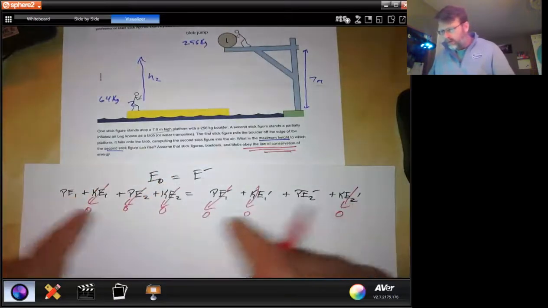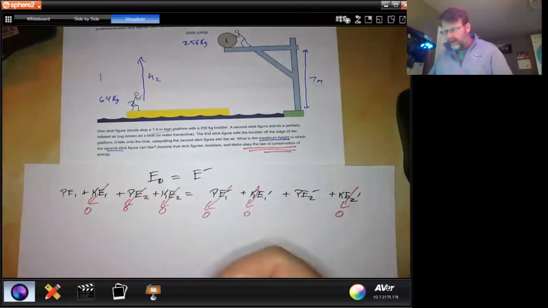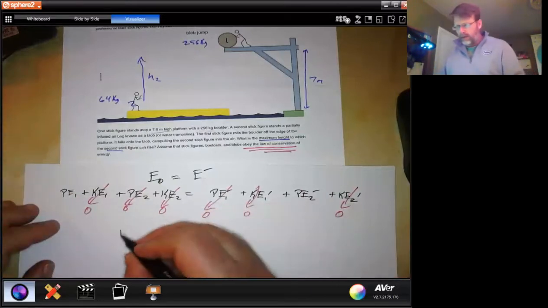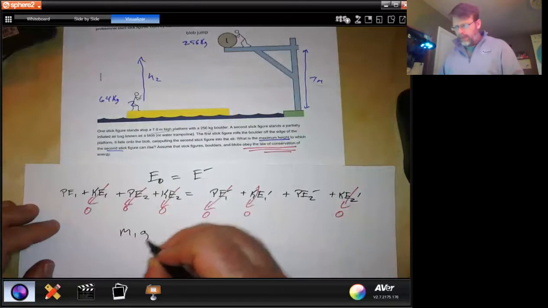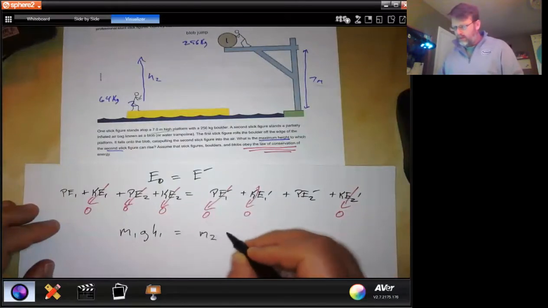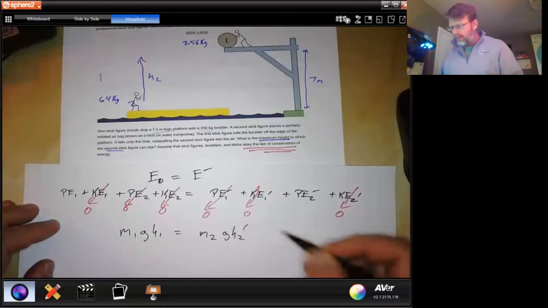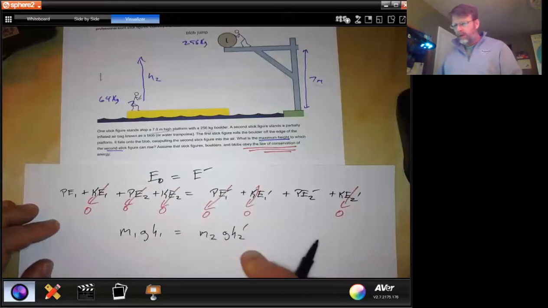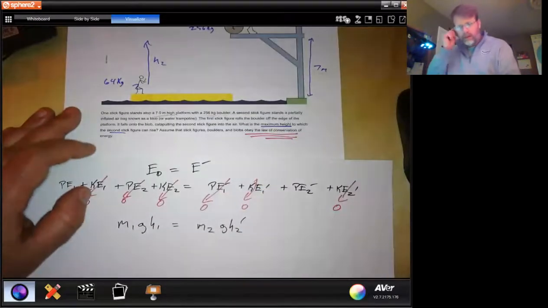Then we can just go through and eliminate a lot of these, and we get a very straightforward question here. So the final height of the person, then we can start plugging in our numbers here.